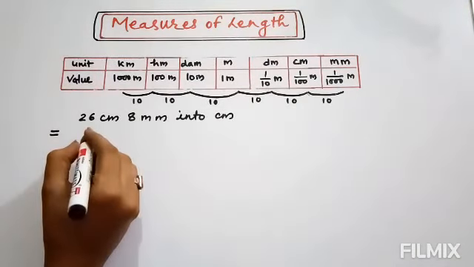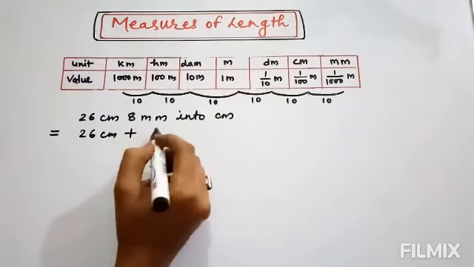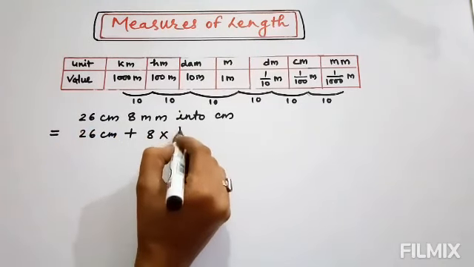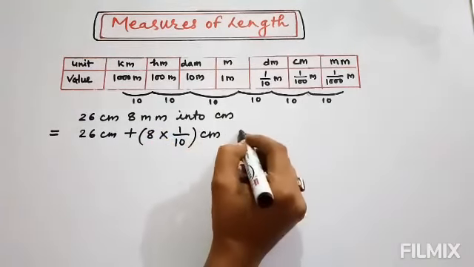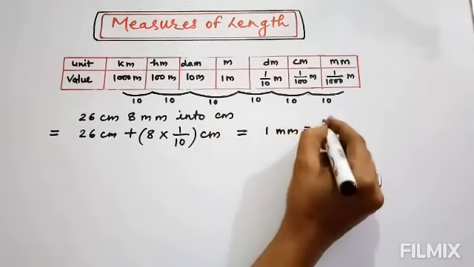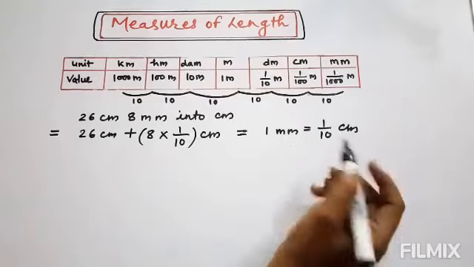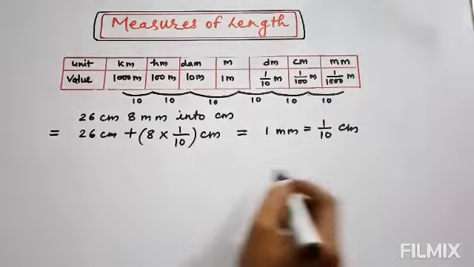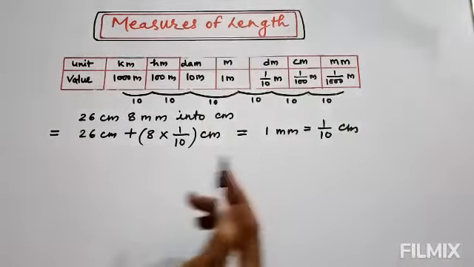Let's see this. We will write 26 centimeter, put a plus sign, and divide 8 by 1 upon 10, so that it will change into centimeter. Why have we done this? Because 1 millimeter is equal to 1/10 centimeter. It is just the opposite of what I already explained. In that we did multiplication; in this process we will divide. So we can write it in fraction form.